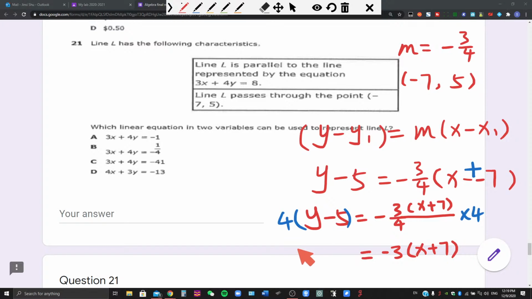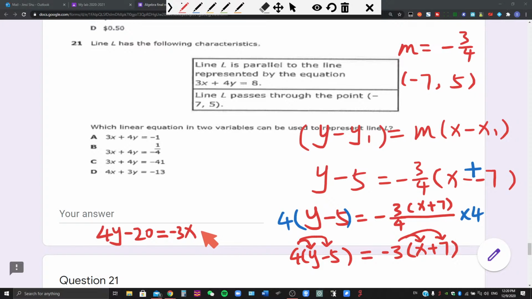And on the other side, you will have 4 multiply y subtract 5. And now we can unpack. So 4y subtract 20 equals negative 3x. Negative 3 times 7, negative 21.